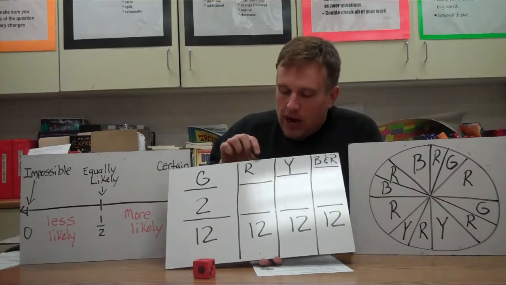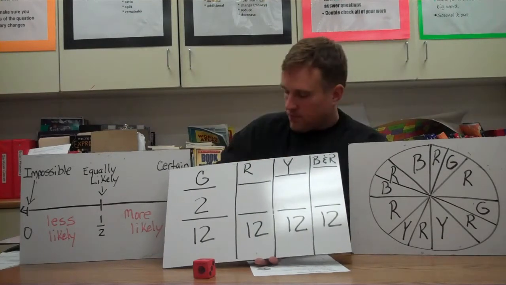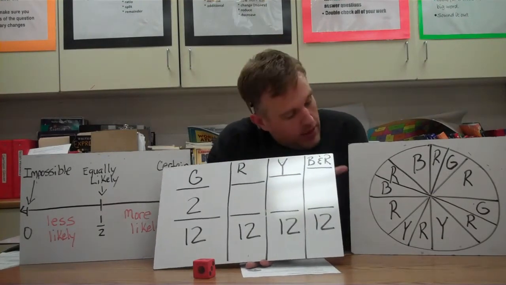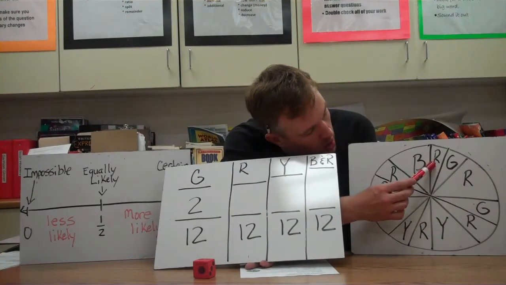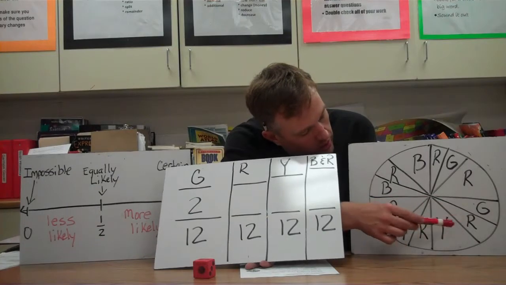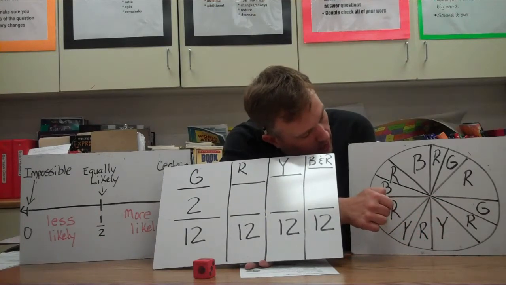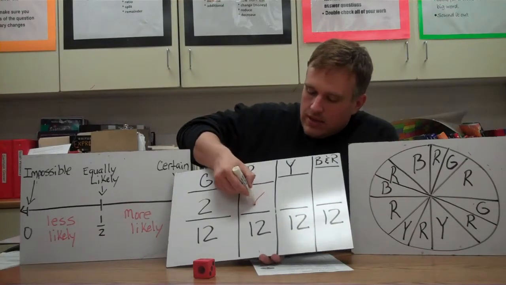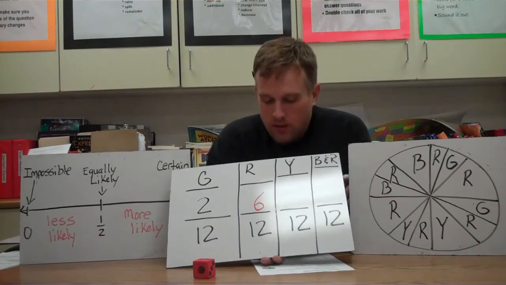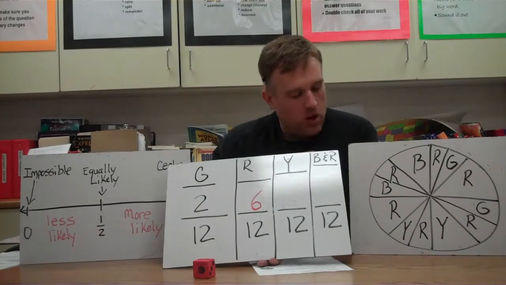Now, I would do the same thing for the red. How many reds are there on the spinner? There are 1, 2, 3, 4, 5, 6. Okay, so that would be 6 out of 12. Same thing for the yellow.